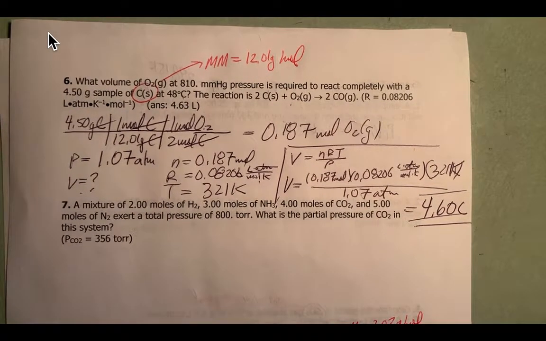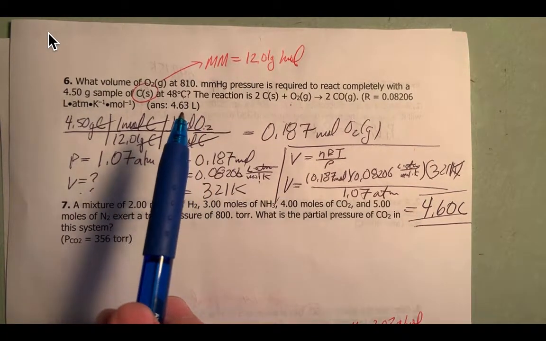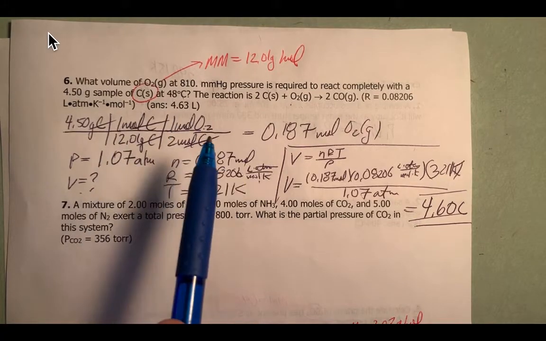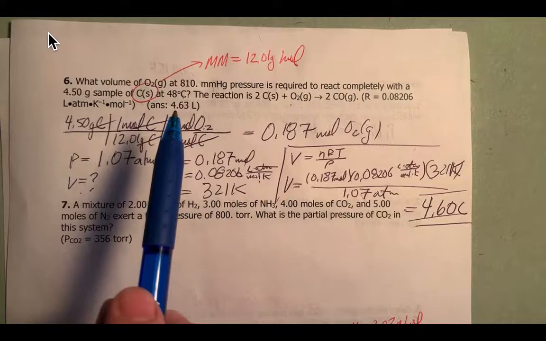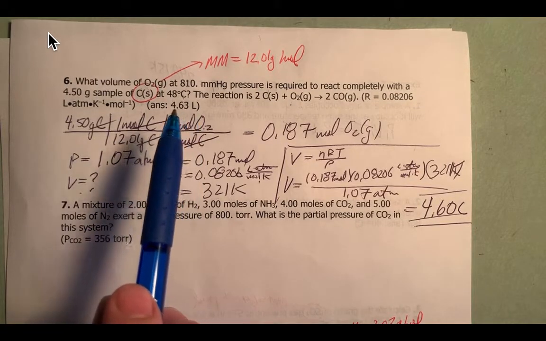And in particular, I wanted to mention to you guys in this problem, because as I practiced this before I did the video, depending on how you hold digits over, this can range basically from 4.60 to 4.63.